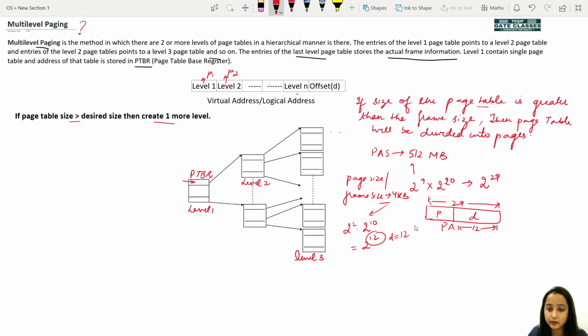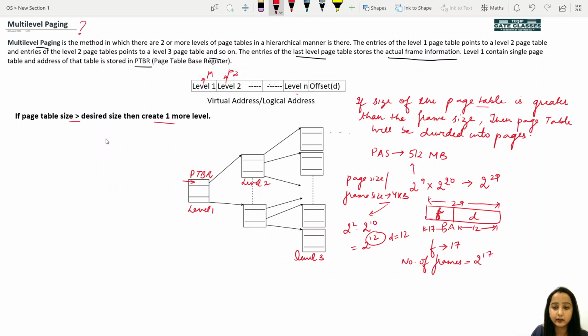Then 29 minus 12 will be 17. Since this is the physical address, here we store the frame number, so it will be F, not P. So the F value will be 17, and the number of frames will be 2 raised to power 17.